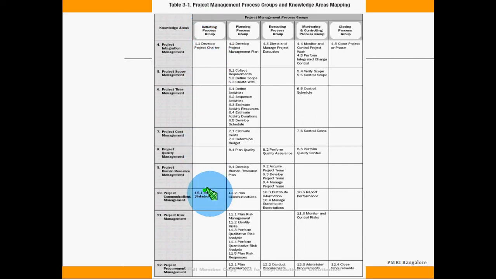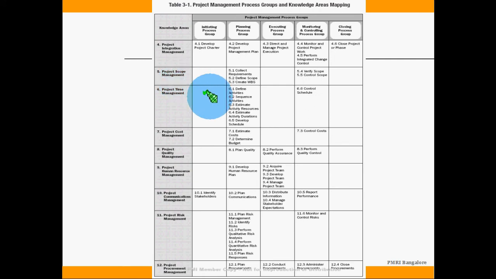Similarly, identify stakeholders is the second process under the initiation process group, linked to the communications management knowledge area. Develop project management plan is a process under the planning process group, linked to integration management. Similarly, collect requirements is linked to the planning process group and is part of the project scope management knowledge area.